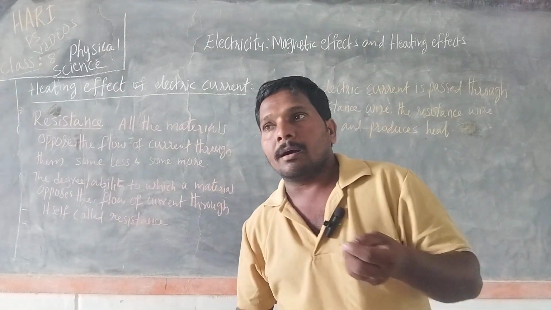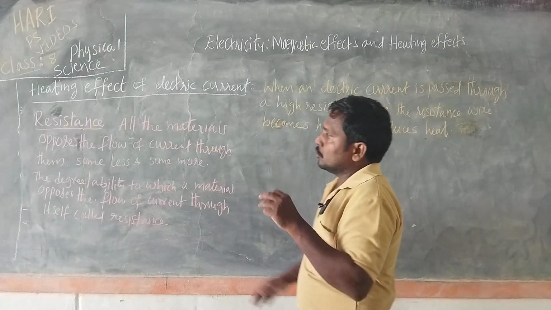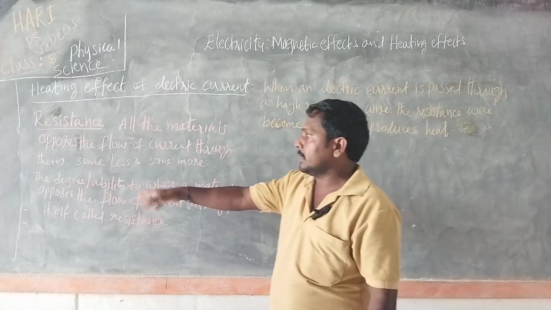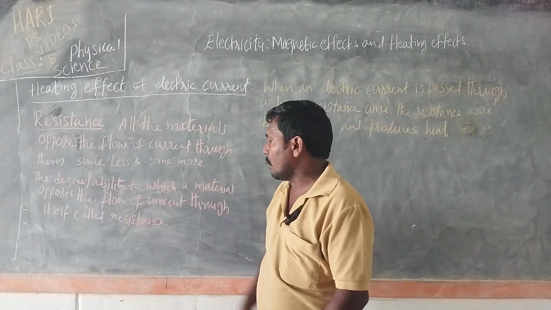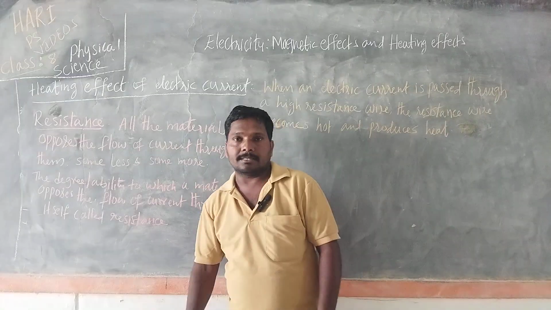Some materials have more ability to oppose, to stop, the flow of electric current. That ability, or the degree to which a material opposes the flow of current through itself, is called resistance.